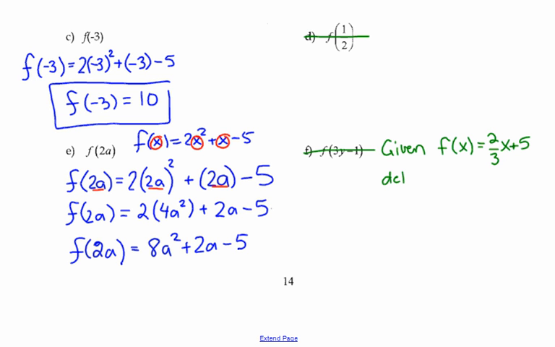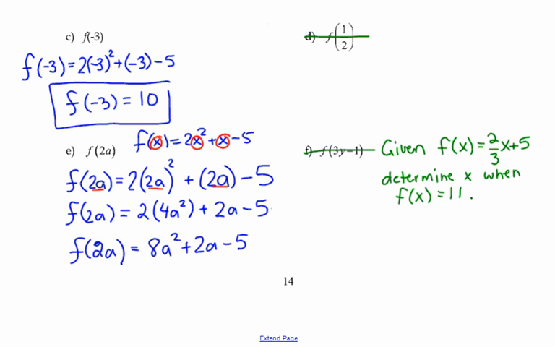Determine x when f of x equals, what did I say? 11. Okay. Given f of x equals 2/3 x plus 5, determine x when f of x equals 11.